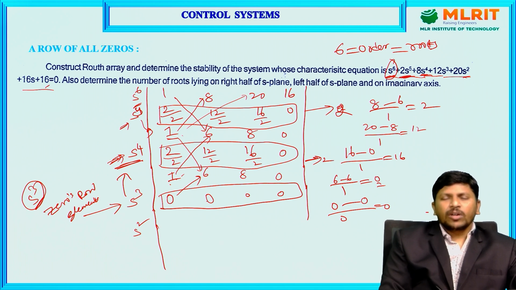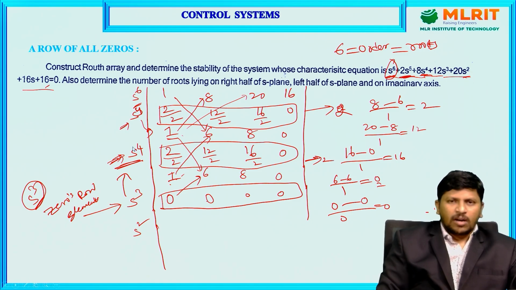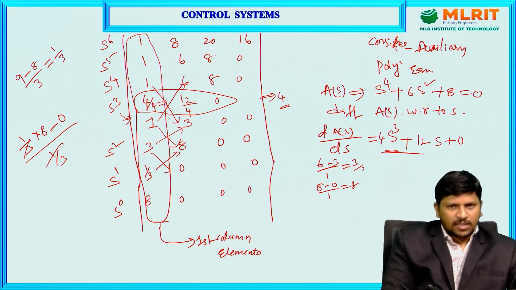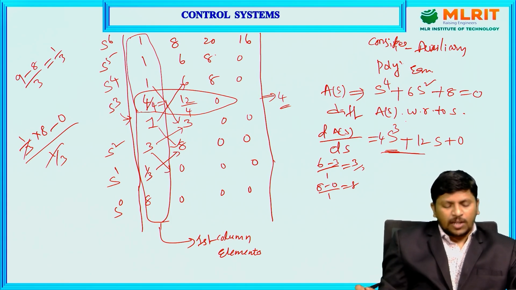Then you get the coefficients of the zeroth row. Write those coefficients, follow the same procedure to solve the remaining row elements, and observe the first column elements. If there are any sign changes, those sign changes are nothing but roots on the right half of the s plane. If there are no sign changes, all the roots are on the left half of the s plane.